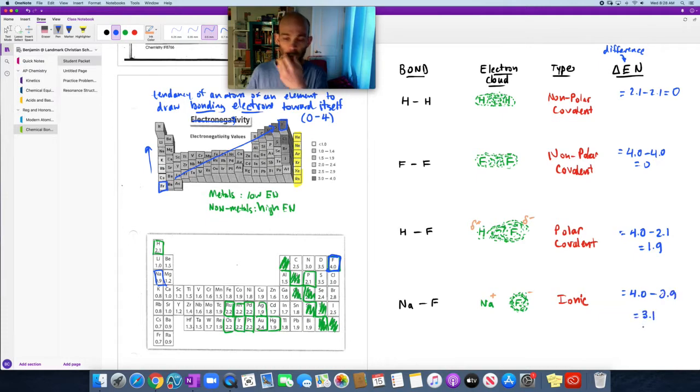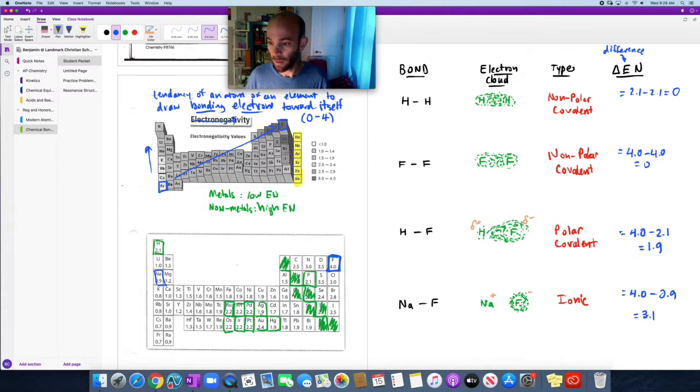Okay, so I don't want you to worry about the numbers so much, other than for nonpolar covalent, there is no difference in electronegativity values of the bonding atoms. For polar covalent, you get a small difference, which tends to be less than 2, but don't worry about that so much. There's an easier way to know if it's a small difference.